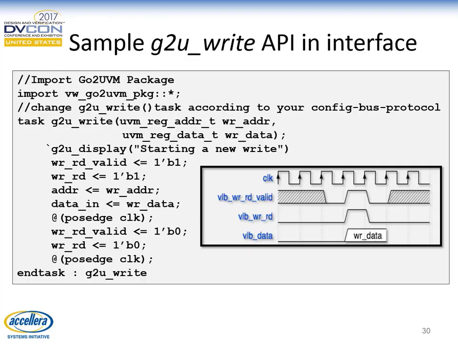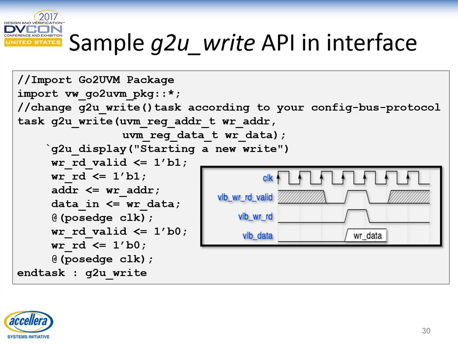This is the simple approach where you fill in the write and read tasks based on the configuration bus protocol. There is a code snippet on how it can be used. For example, this is a simple protocol where there is write, read, valid as control signals, and the data is the data bus. You fill those in accordingly, and then at the passage of a clock, you reset the write, read, valid.